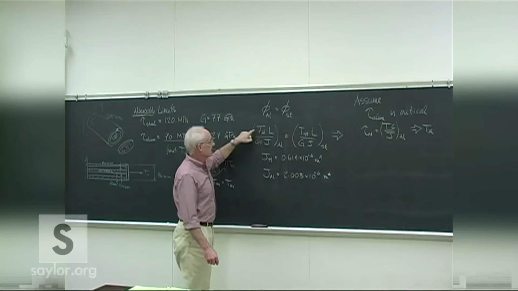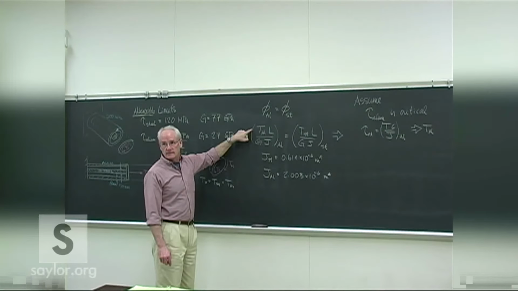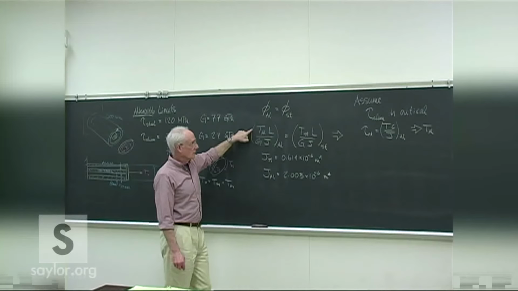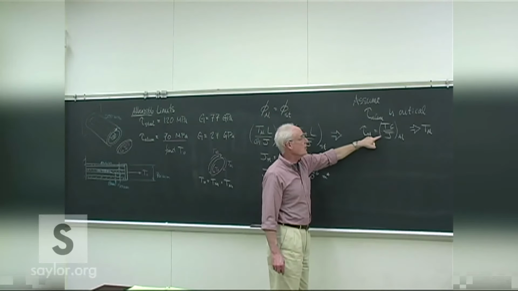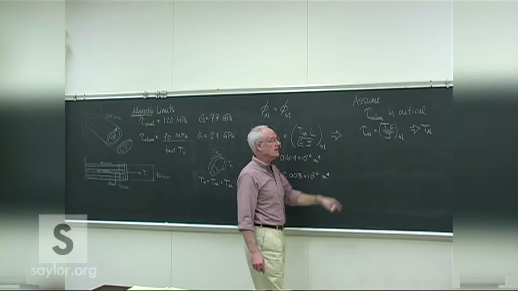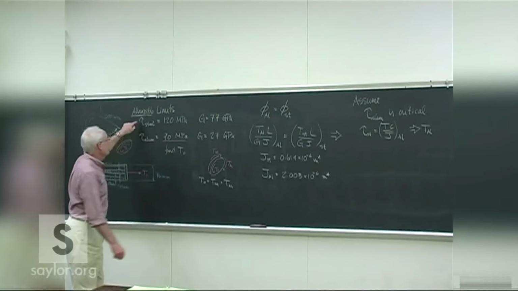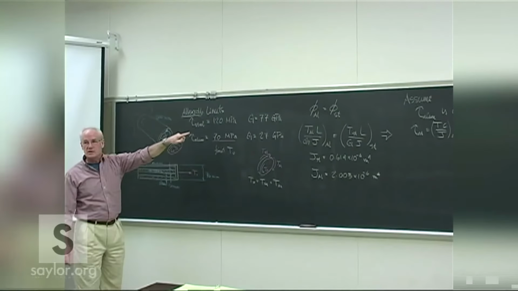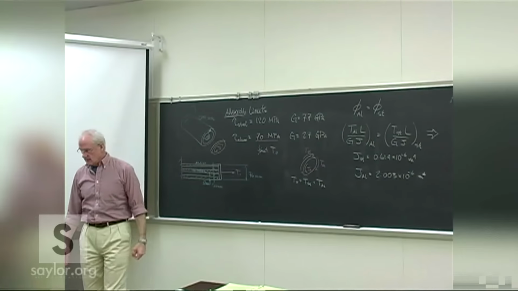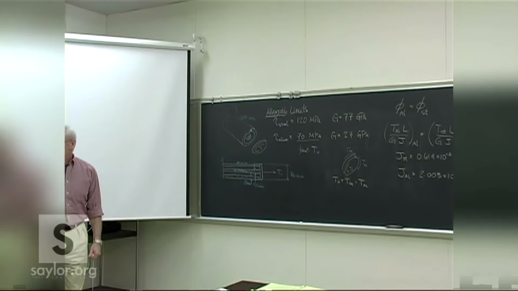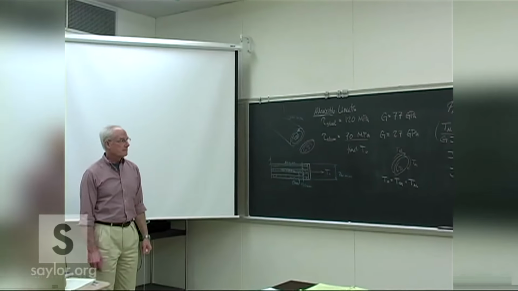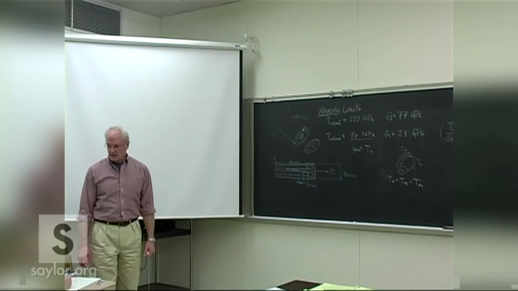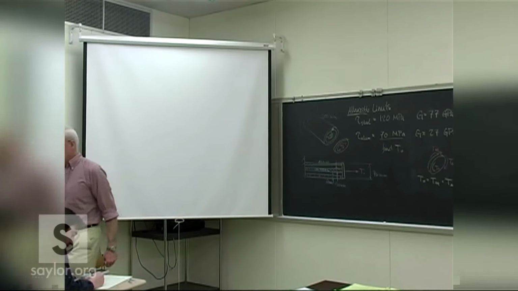With that, we can then find the torsion on the steel. With that, in the same way, we can find out the shear stress on the steel, and see if we're over this limit. If we're over this limit, then our assumption is wrong, and we have to redo this very same calculation with the opposite material being at the stress limit.